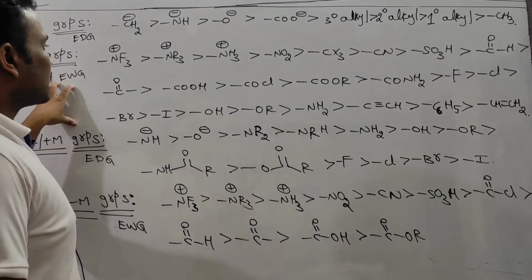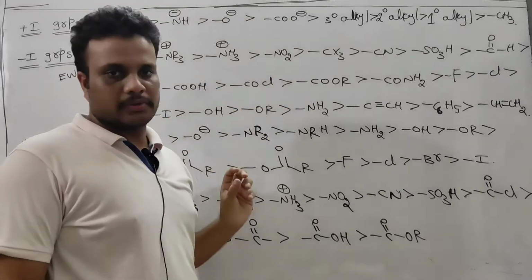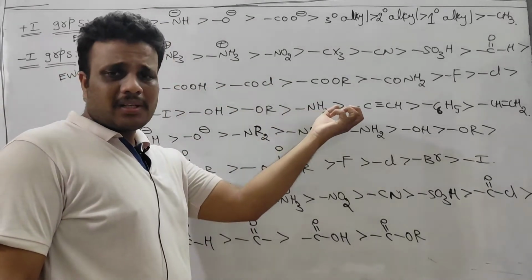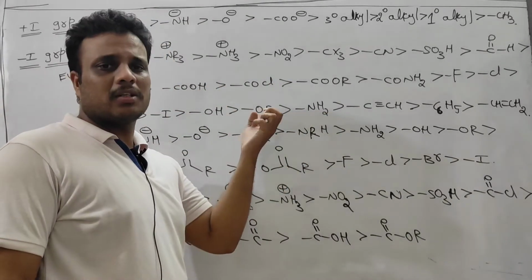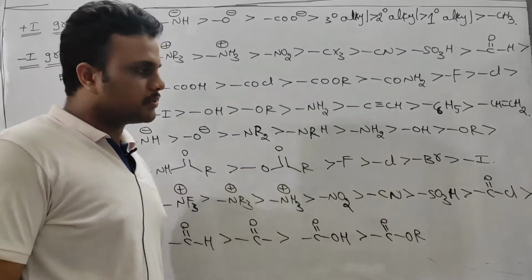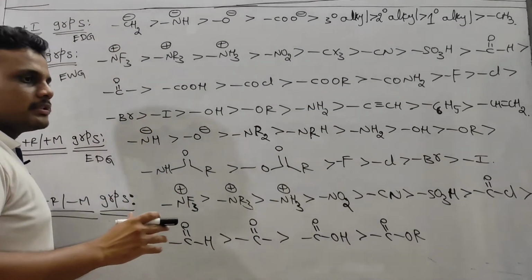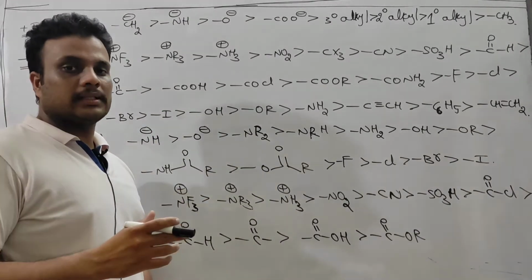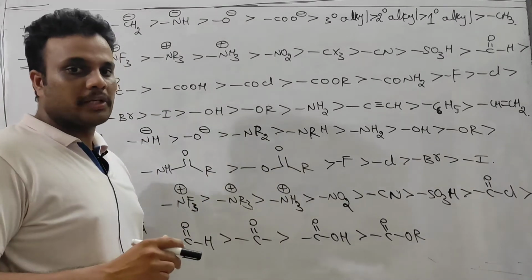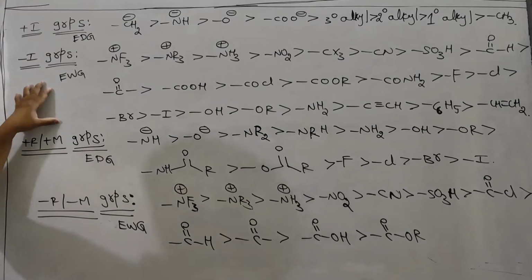And minus I groups are electron withdrawing groups. Generally they withdraw sigma electrons from other atoms or groups. So it is very easy: in non-conjugated systems and at the meta position of the benzene ring, we have to see inductive effects.